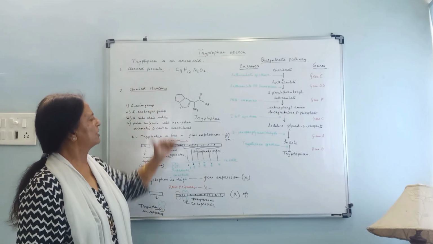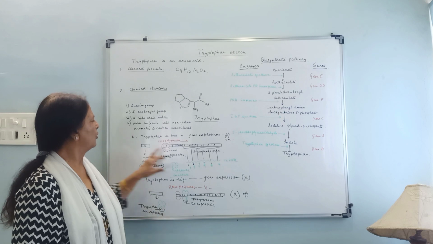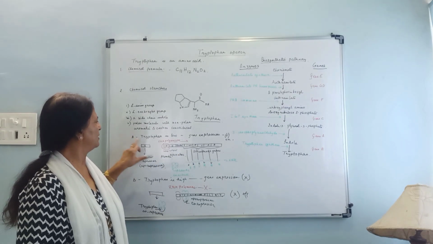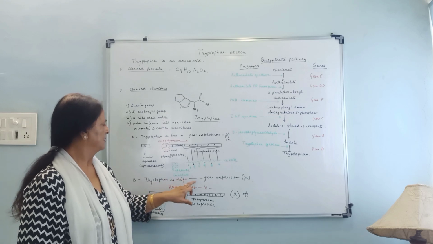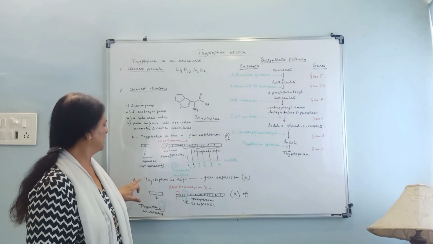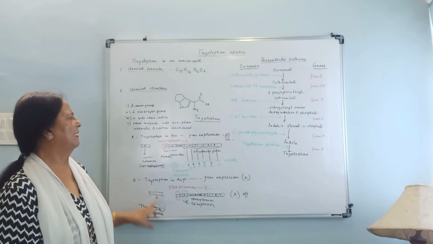So the tryptophan operon is on when the level of the tryptophan is low. It is off when the level of the tryptophan is high.